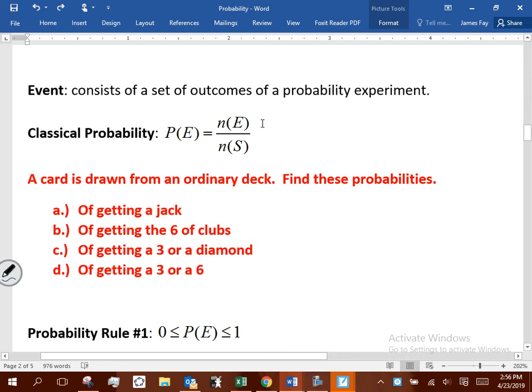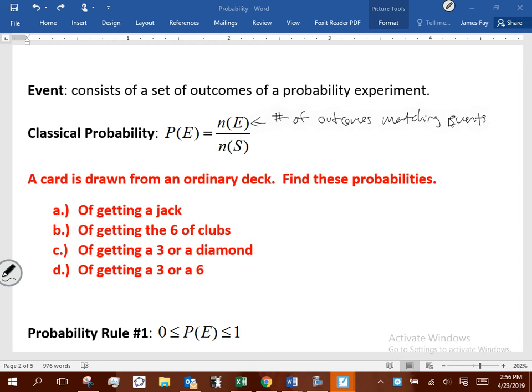And really what this object here is, number of outcomes matching the events. If you think back to what we did in chapter 10, another way of saying that is favorable outcomes. And remember that? Numerator is always favorable outcomes. The number of outcomes matching your events, or more concisely, N of E.